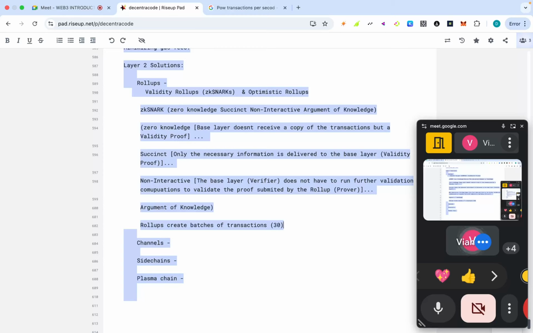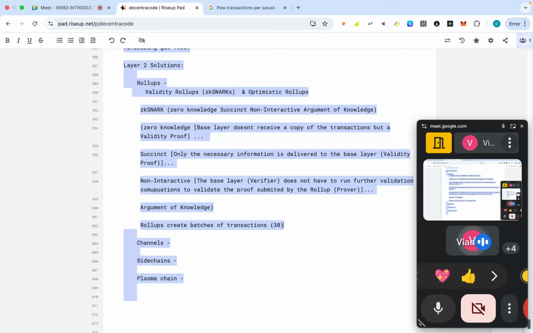And the authenticity of these transactions is also verified by the standard consensus mechanism of the validity rollup. Like all the nodes in the rollup should agree that this transaction is valid and should be deployed on the blockchain.